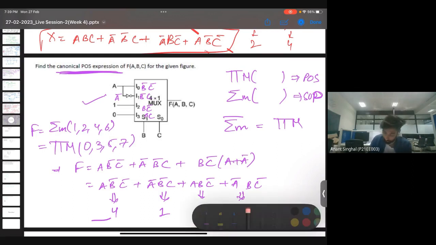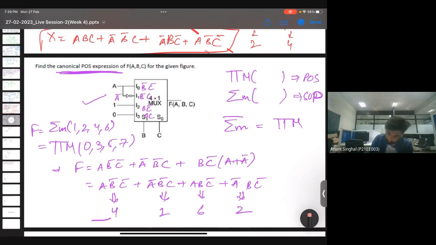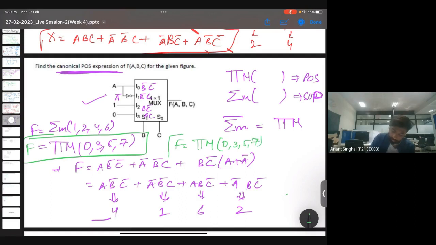Is it fine? The answer to this question is this. F is this. So the POS expression is pi m 0, 3, 5, 7. Is it fine?